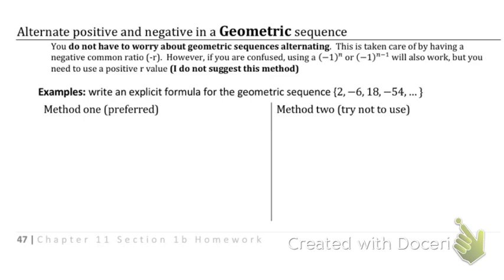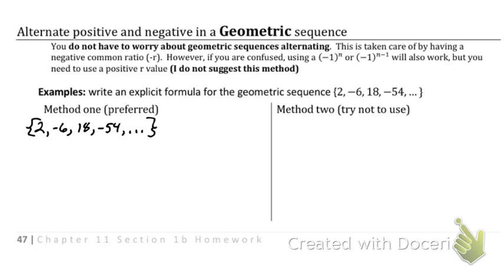So if I have 2, negative 6, 18, and negative 54, method 1, preferred, is the one we did on Friday. So we have 2, a negative 6, an 18, a negative 54. Well, this is not arithmetic, because even if I pull away the negative signs, I'd have to go 2, 6, 18, 54.